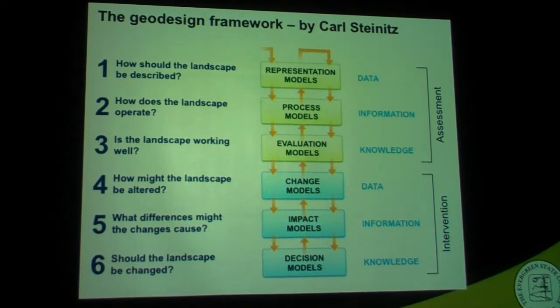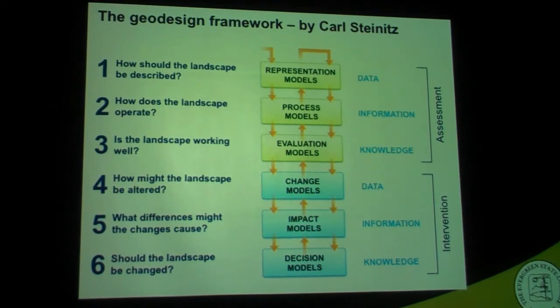Development, forestry, whatever you might have. Evaluation models, so what kind of ecosystem services are we getting from the landscape? Are beneficiaries able to access those ecosystem services? Could it be improved? And so on. What changes could be made to improve?